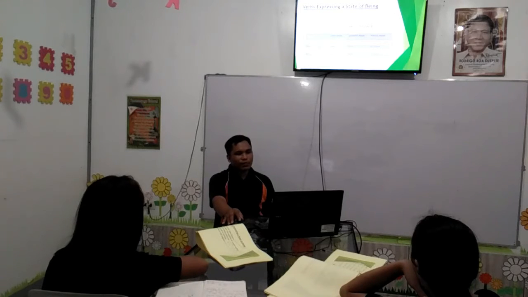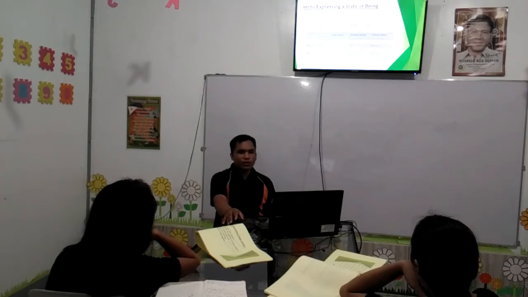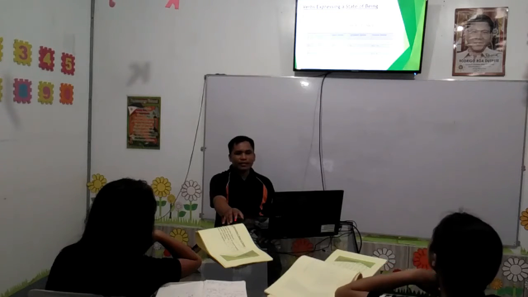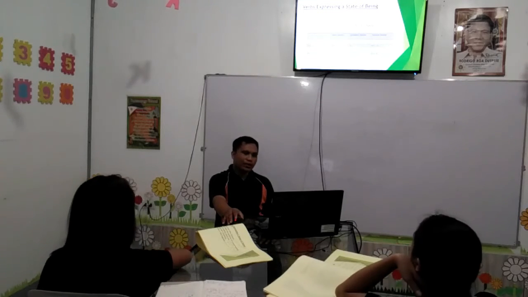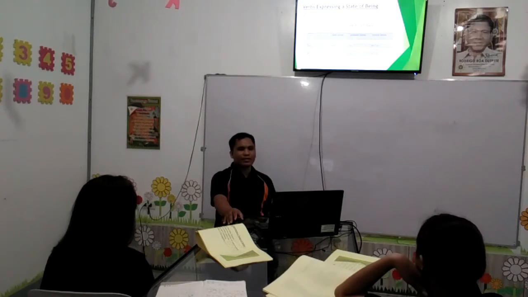We also have the verb to do. With the same subjects, I, you, he, she, it, we, and they, we use did to explain that the action is done already, in the past tense.